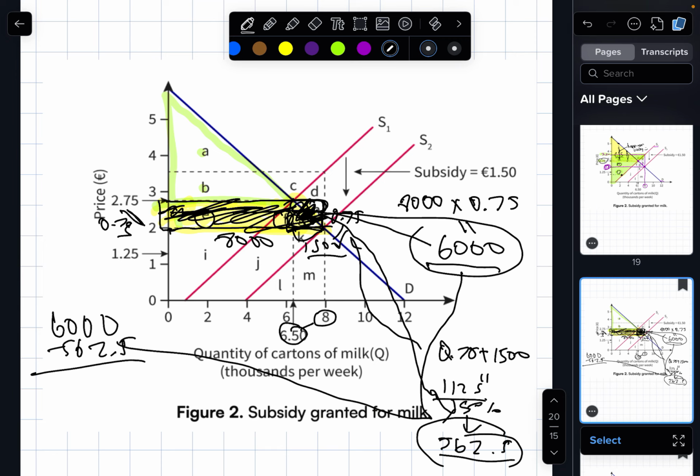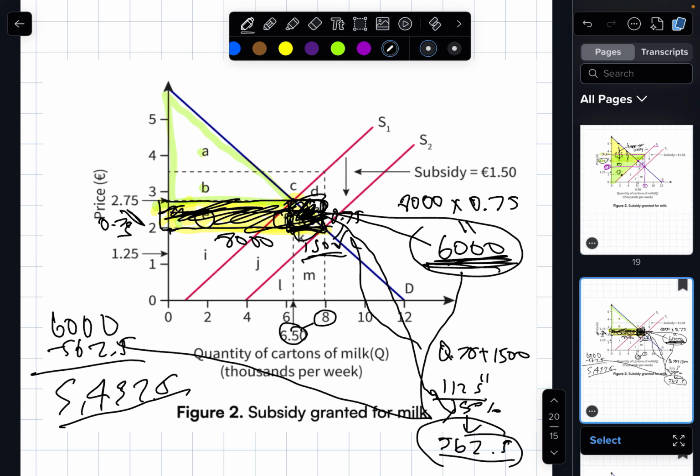So that's 6,000. And then we're subtracting half of this, which is 1,500 times 0.75, 1125. And then half of it is 562.5. Yeah, that's right. So we have 5,437.5.